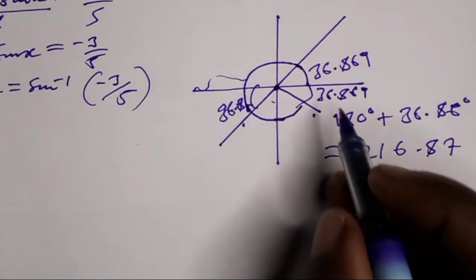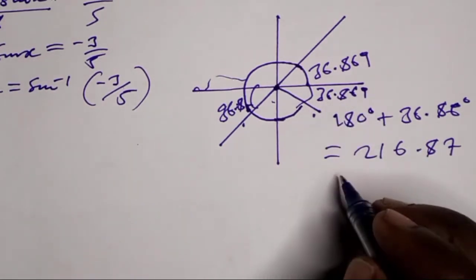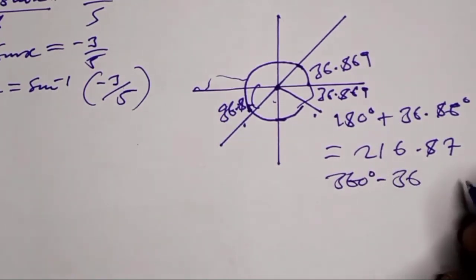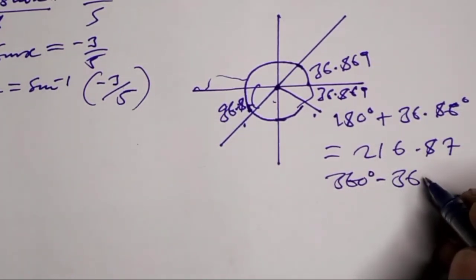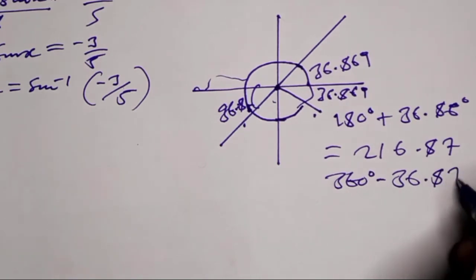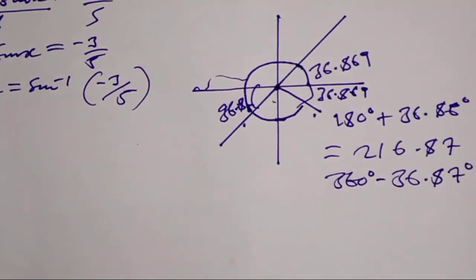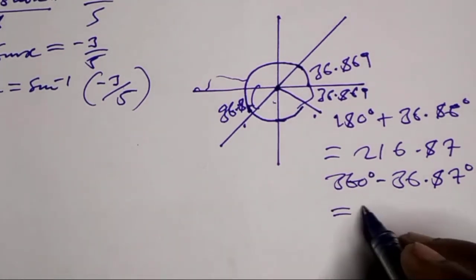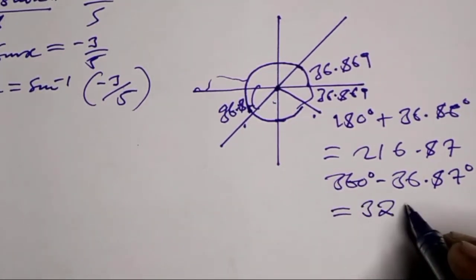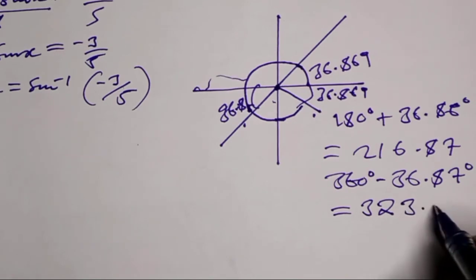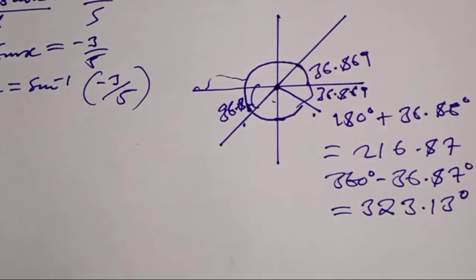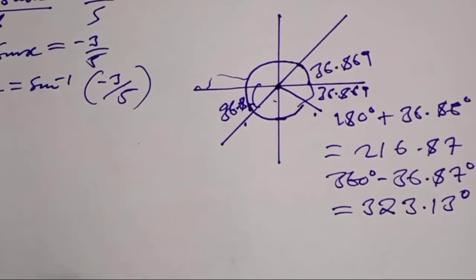We are going to subtract this angle from 360, which is 360 degrees minus 36.87 degrees. So the answer which we are going to have is 323.13 degrees.